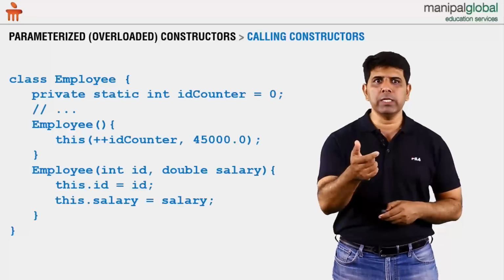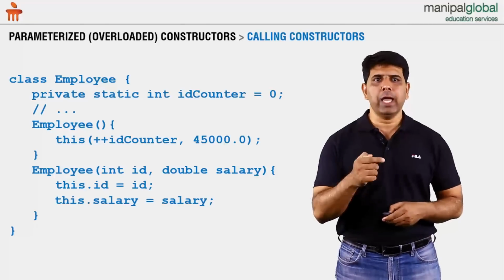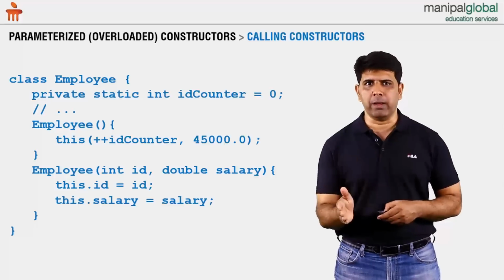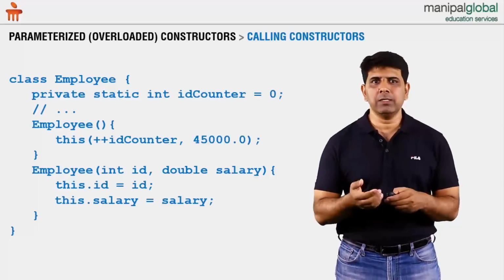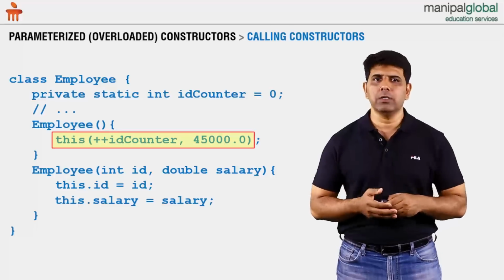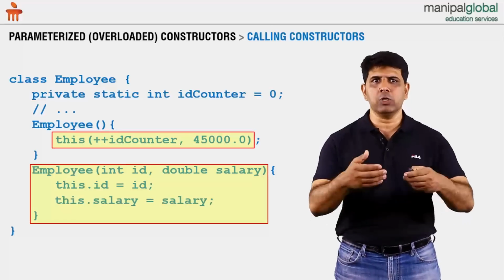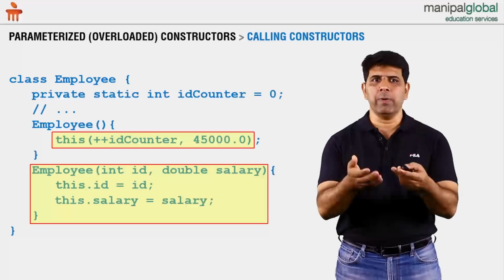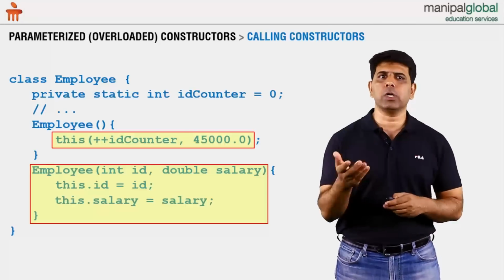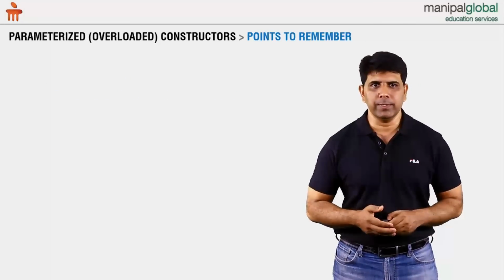So the keyword this will look for any other constructor that has two parameters, the first one being int and the second one being double, and the second constructor is found right there itself. The control will be passed, that execution happens, and then it will come back and continue. There is nothing else to continue, so the Employee constructor is over.